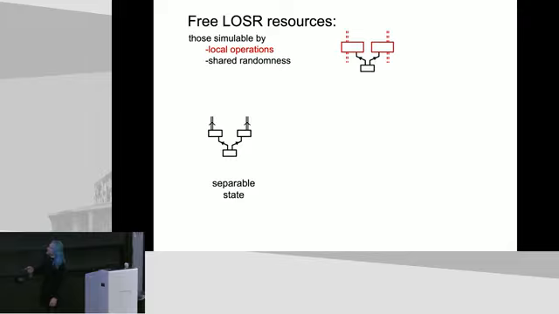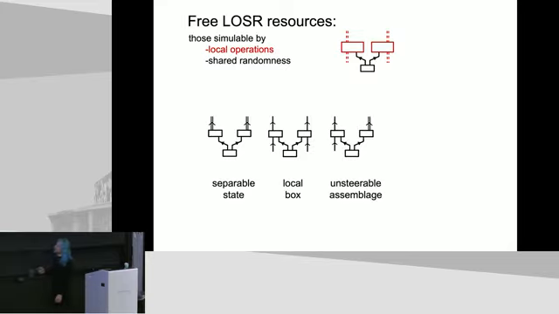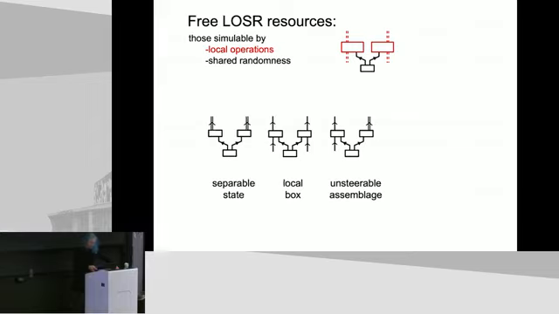So if I specialize to states, we get this diagram here, which is the set of separable states. If I specialize to boxes, then this is the set of local boxes. If I specialize to those steering objects, called steering assemblages, these are exactly the so-called unsteerable assemblages, the ones that are classically explainable by a classical common cause.